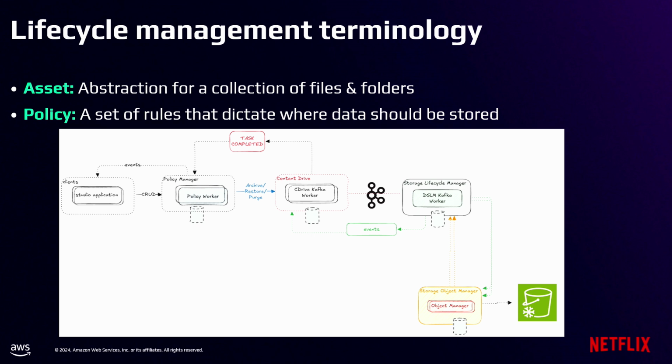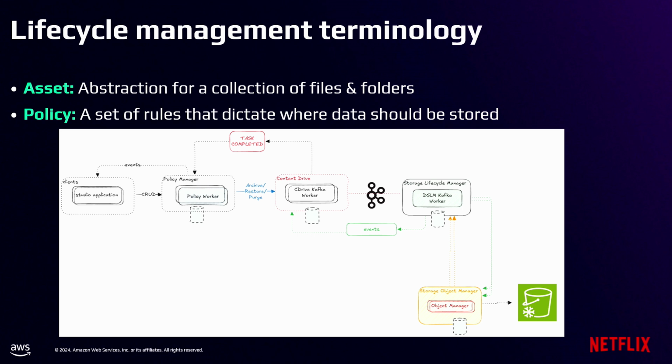Now, let's take a quick look into the storage lifecycle management architecture in Content Drive. At a high level, it consists of 4 key components. First, Policy Manager, which translates business context into actionable lifecycle requests. The storage metadata layer, which is the content drive we talked about, which is the brain of the system.